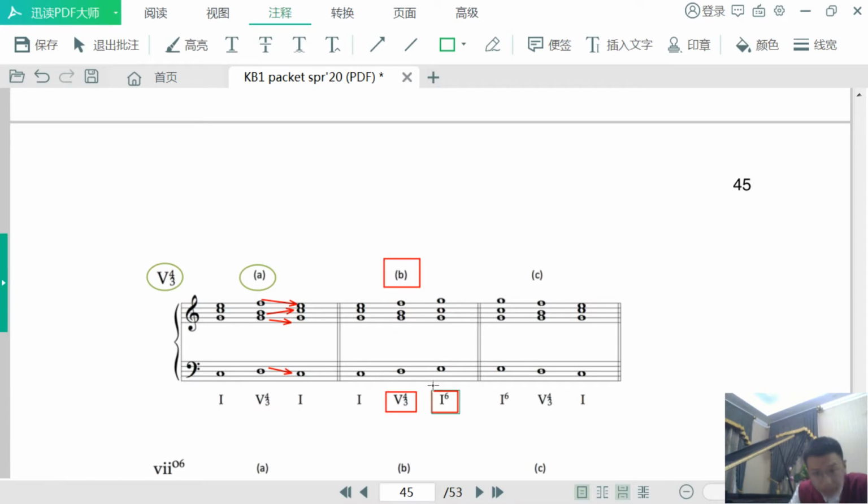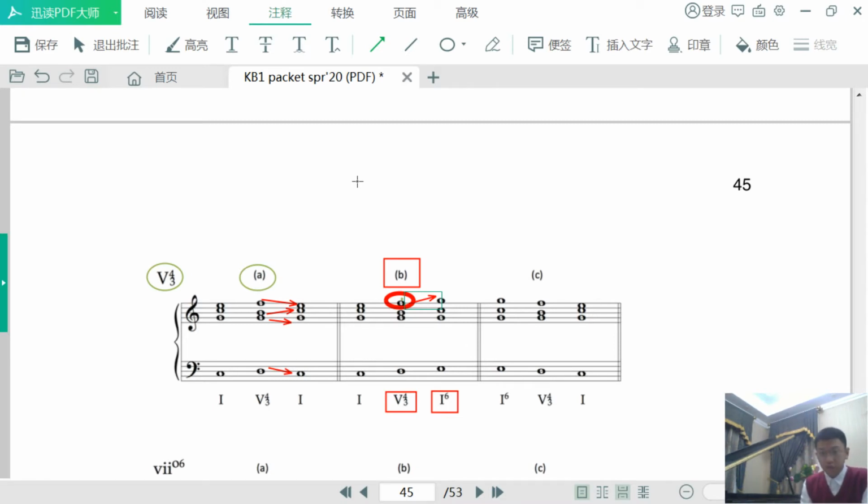Let me play this progression for you, so you can tell me what's the difference. Some students will say, oh my god, the seventh of the 5-4-3 chord doesn't resolve properly. Yes, I agree with you, it's not resolved properly. This is the seventh of the 5-4-3 chord, and it resolves up by a step rather than going down by a step.